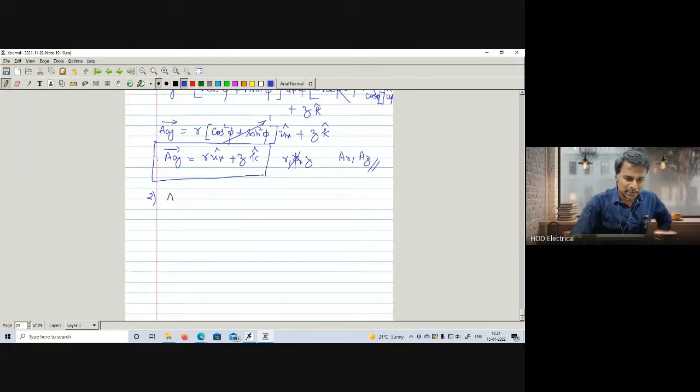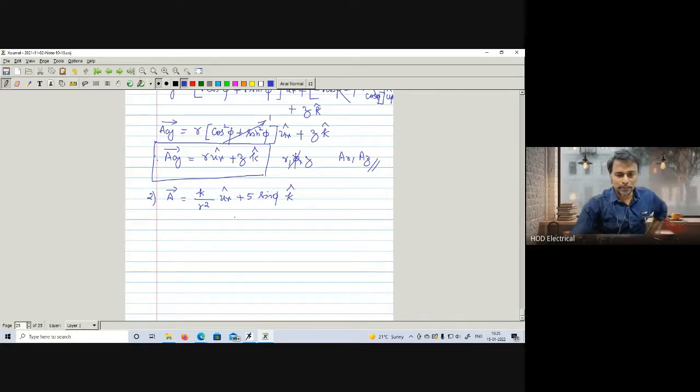We have the vector A equal to K by R square into UR gap plus 5 into sine phi into U phi gap plus 5 into K gap.